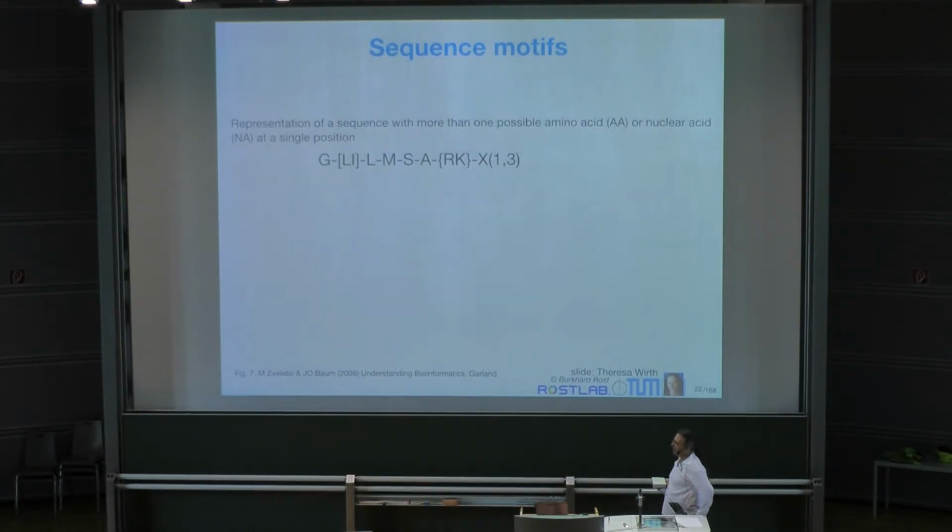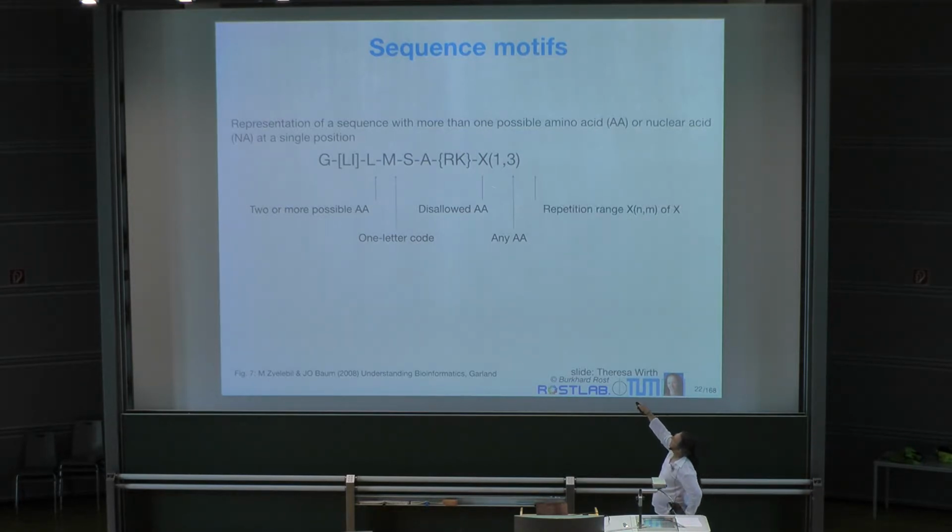Now, here is another way of formulating a motif. You could also formulate it, just that is the sequence, by saying, well, M, the methionine, is one letter. In this particular position here, you have 1 or 3. So it's a regular expression motif, right? Here you have 2 or more possible. Here the L or I. X, this is applying here.